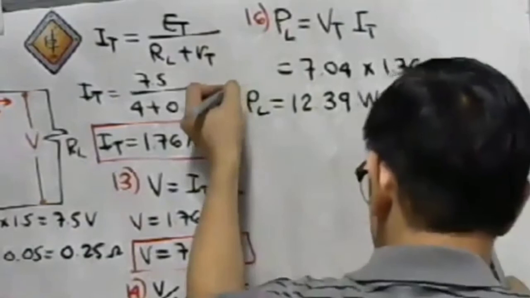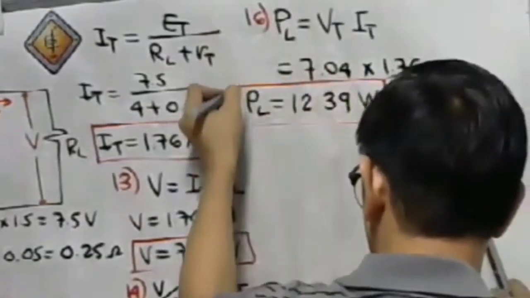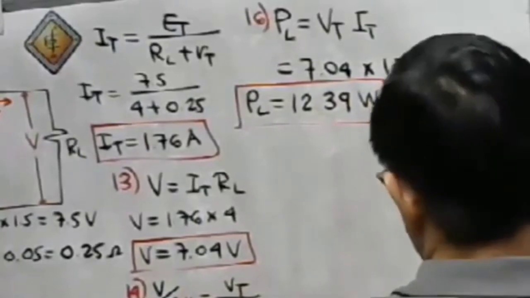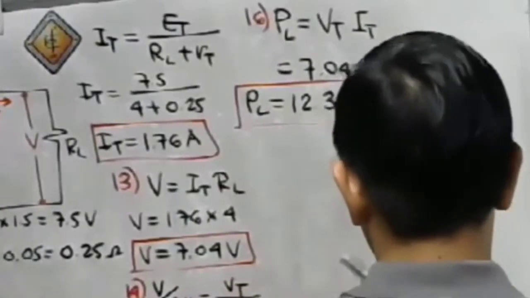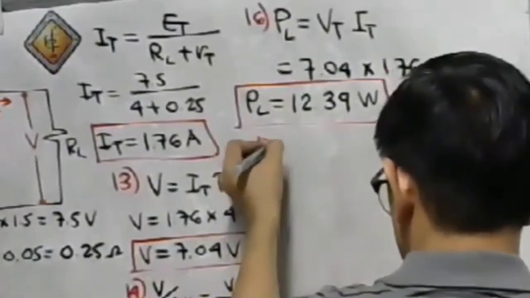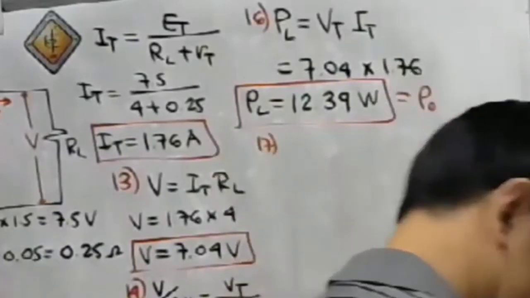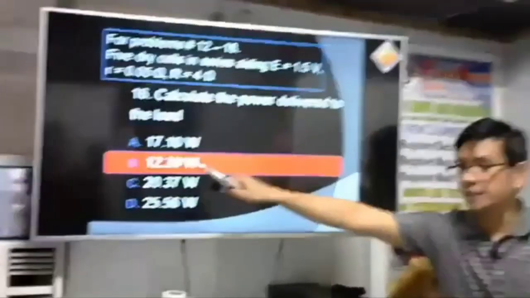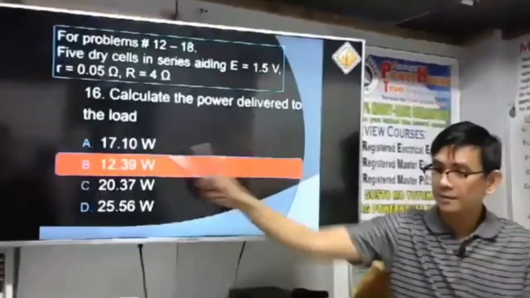That is the power consumed by the load, or the power output. This is also the power output. Okay, our answer here is letter B. Okay?